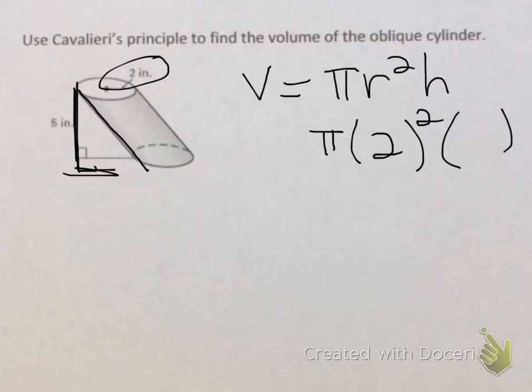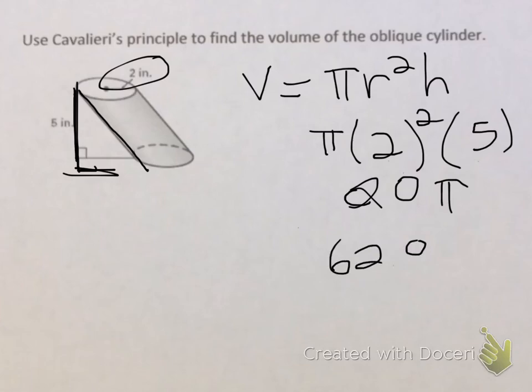Height always has to form a 90-degree angle with the base of the object. So the height will be 5 here. So 2 squared would be 4. 4 times 5 is 20. You could leave it as 20 pi if we were leaving it in terms of pi, or that should be 62.8 if we were rounding to a decimal number. And that will be inches cubed. Good luck on your homework, guys.